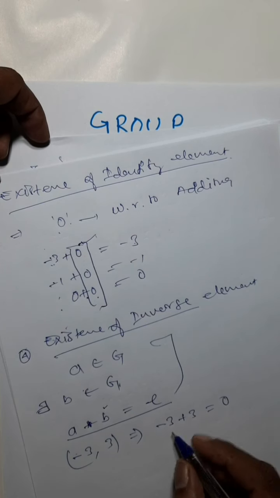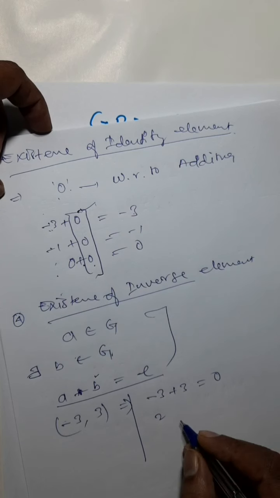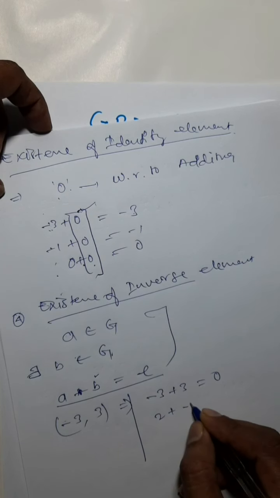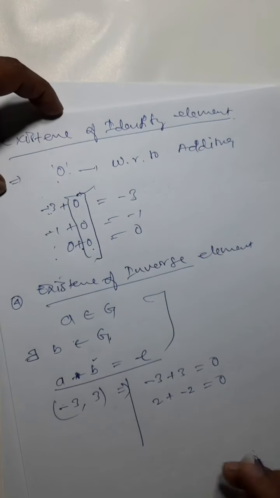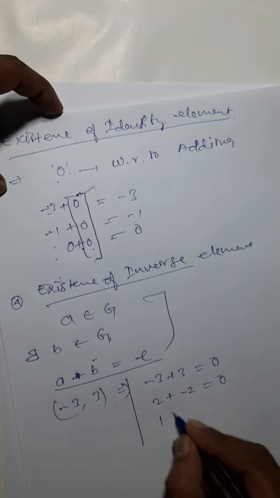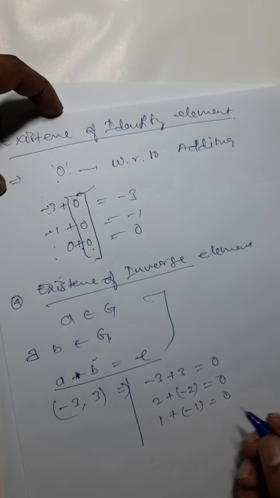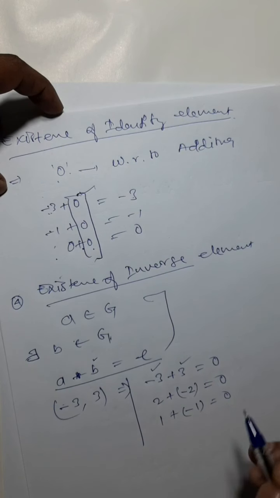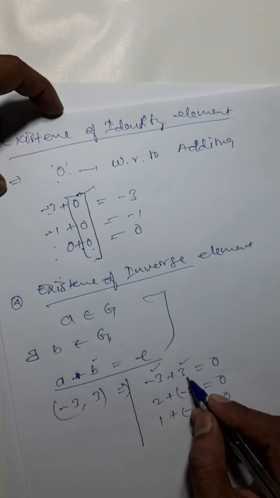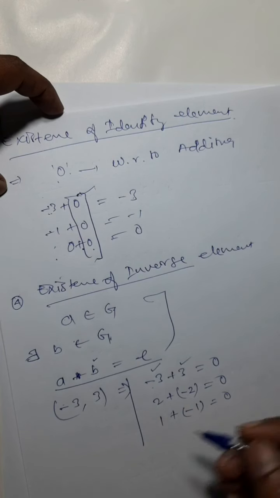If we consider another element, like 2, then 2 plus minus 2 is equal to 0. 1 plus minus 1 is equal to 0 again. So minus 3 is an inverse element of 3, or in reverse we can also say 3 is an inverse element of minus 3.